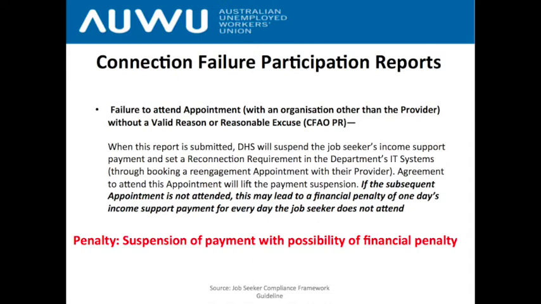A payment suspension is by far the most common type of penalty. In that figure I discussed earlier, 2.1 million, about 1.8 million of those penalties were suspensions. What a suspension means is that the payment is suspended until the unemployed worker reaches out and re-engages, essentially.